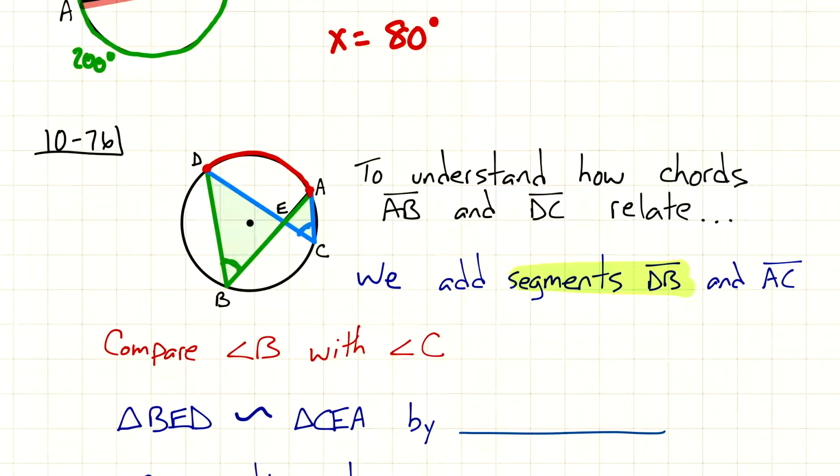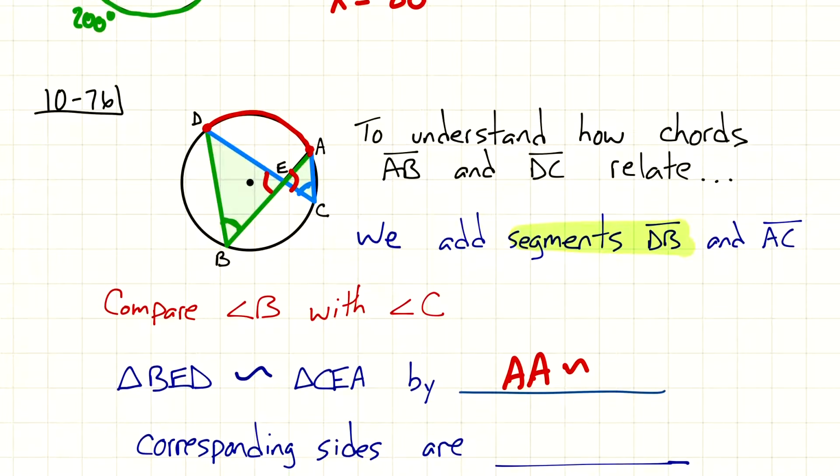You should also notice that we have vertical angles. So these two triangles that we've just drawn in must be similar triangles by angle-angle similarity, because we have a pair of vertical angles in there as well.